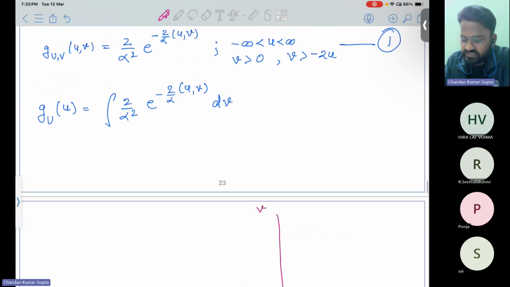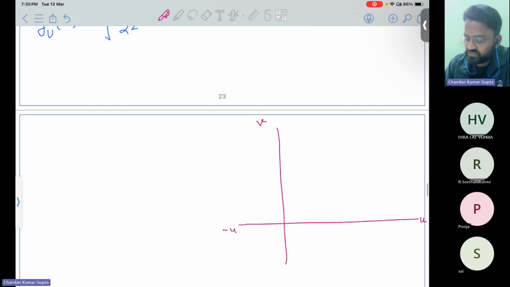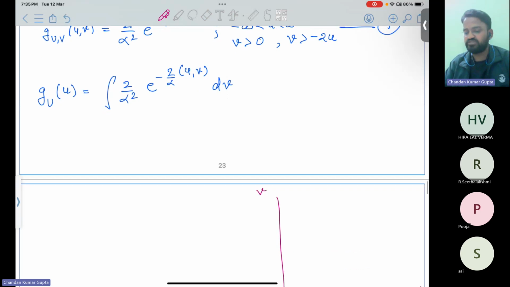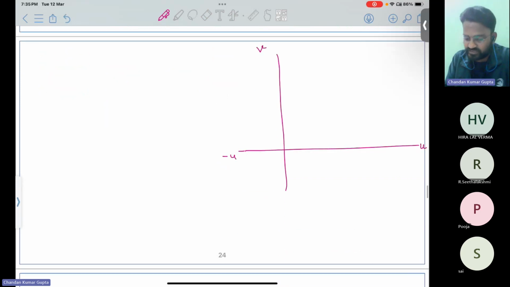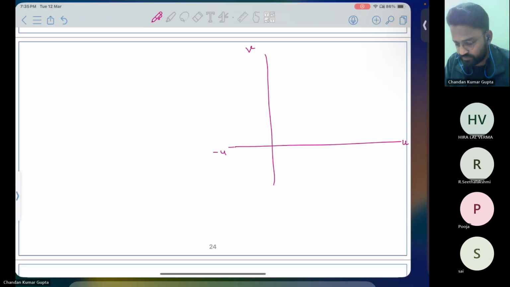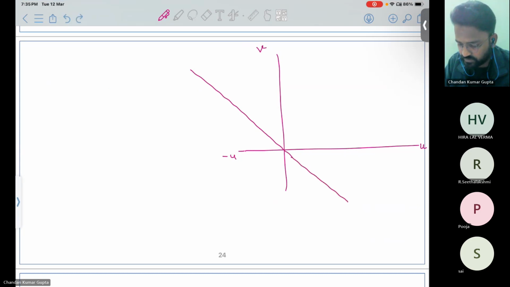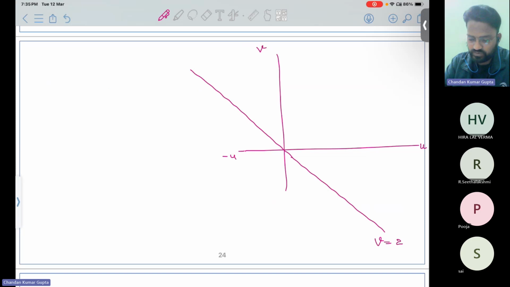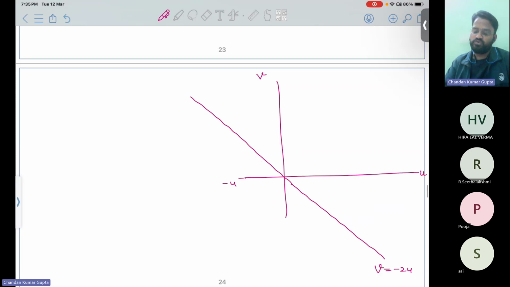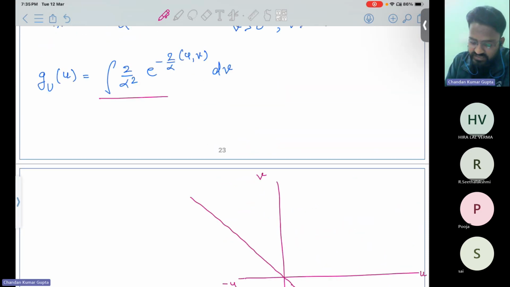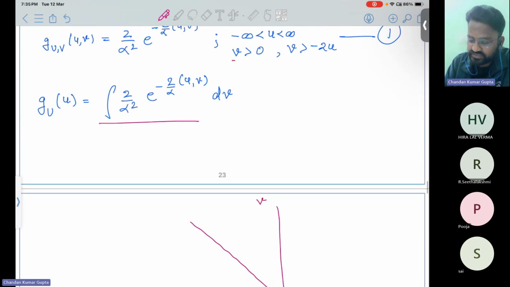So our range is v equal to 0, that is the u-axis, and then v is greater than minus 2u. V equal to minus 2u is this line. Now we need to integrate in these two ranges.